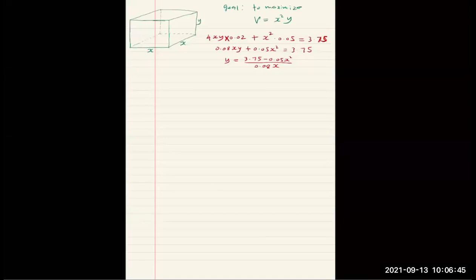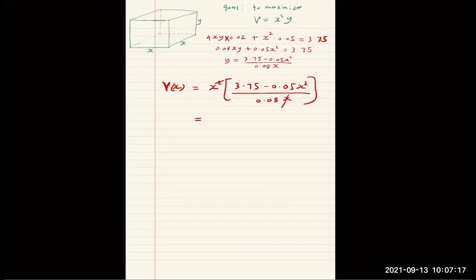All right, I'll call it A of x, pardon me, it's not A. This time it's V, the volume. V of x is equal to x squared times the y value. The y value is 3.75 minus 0.05x squared, divided by 0.08x. As you can see, one of the x's will be cancelled here.